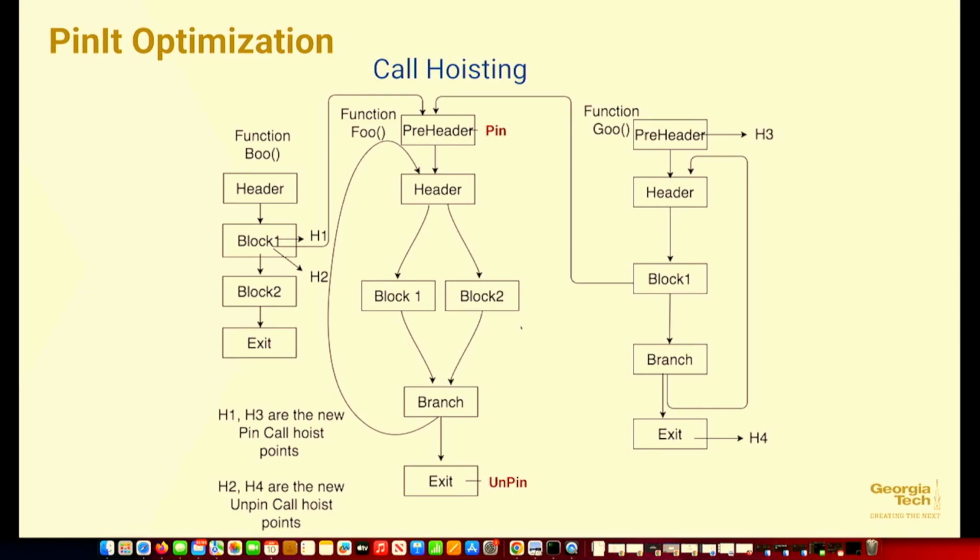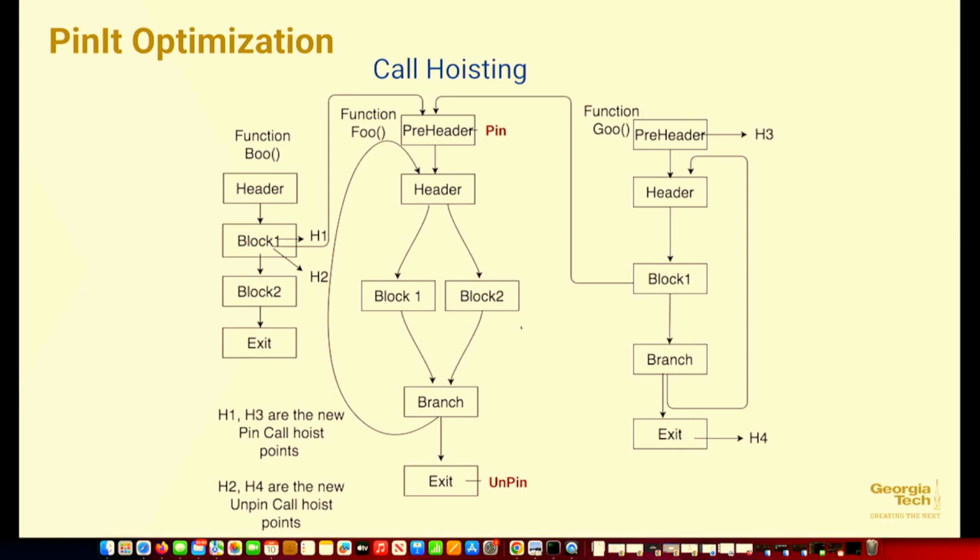We perform optimizations to reduce the number of dynamic pin-unpin calls. The pin-unpin calls are instrumented across the outermost loops interprocedurally. Then, if these loops are still within interprocedural loops, we hoist these pin-unpin calls outside such interprocedural loops and also outside other call sites.